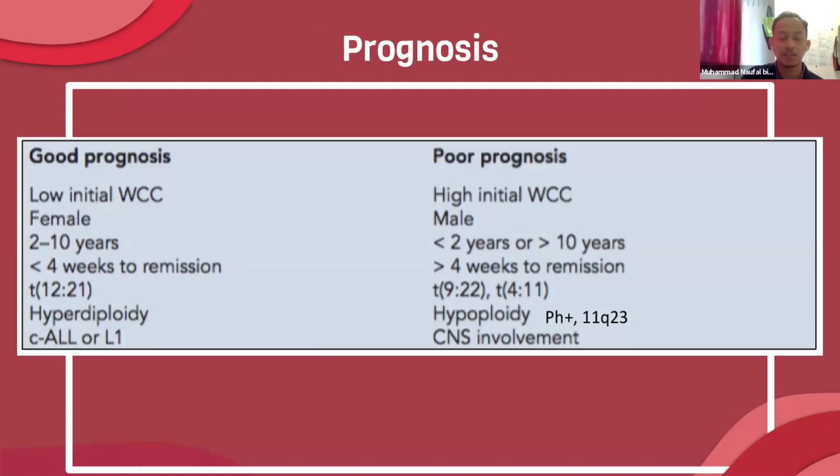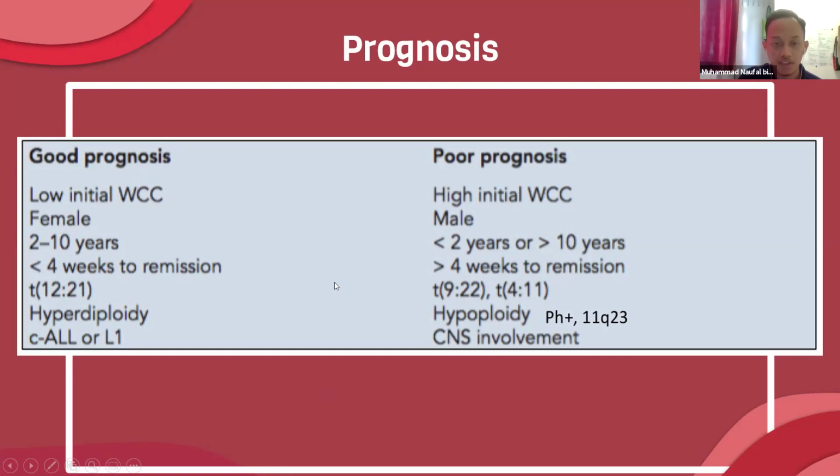Okay, this is the prognosis of ALL. So for good prognosis, there is a low initial white cell count, female, 2 to 10 years of age, less than 4 weeks to remission, translocation of gene 12 and 21, hyperdiploidy, and also CALLA positive, and the classification of the ALL.